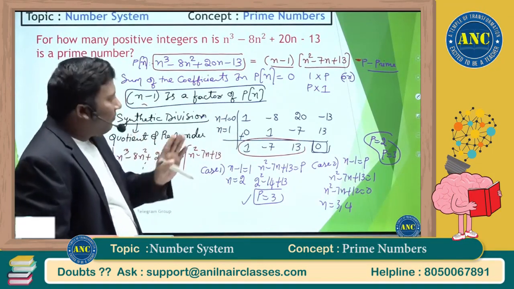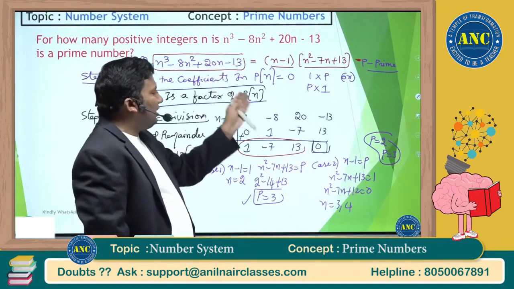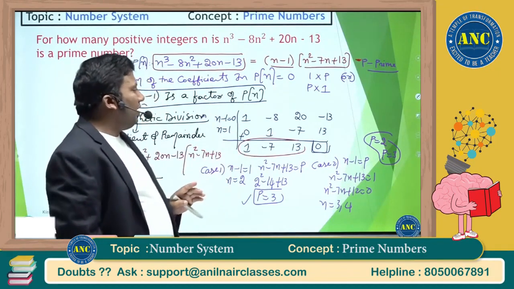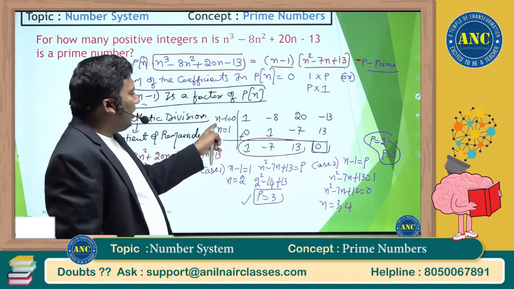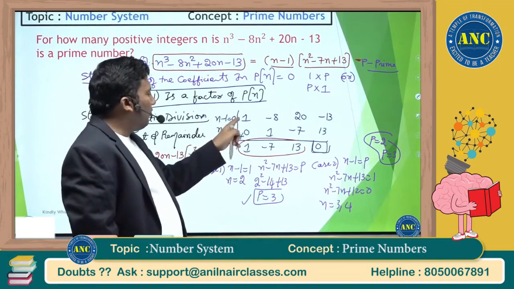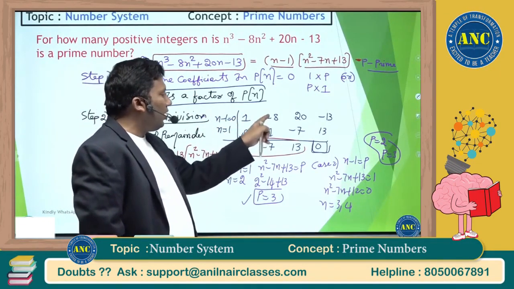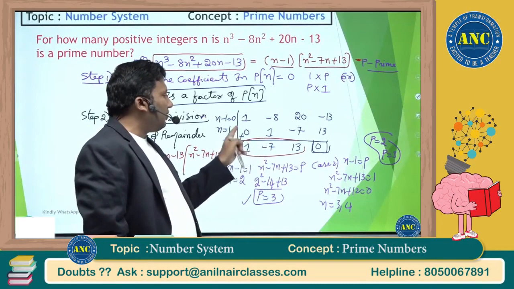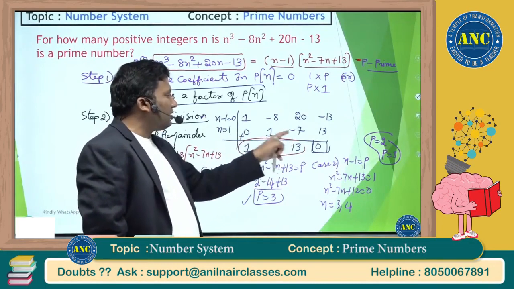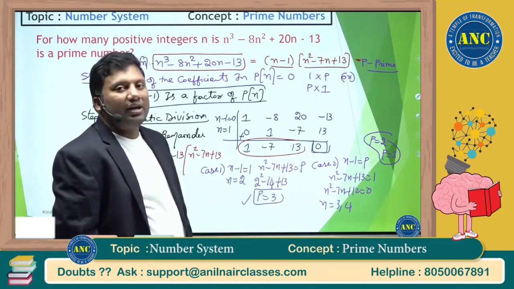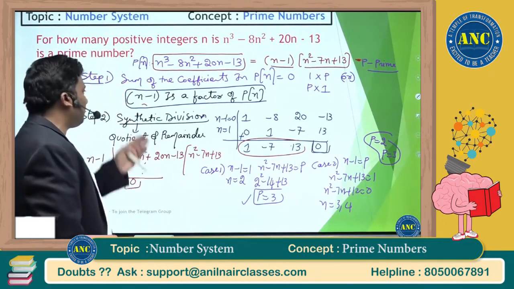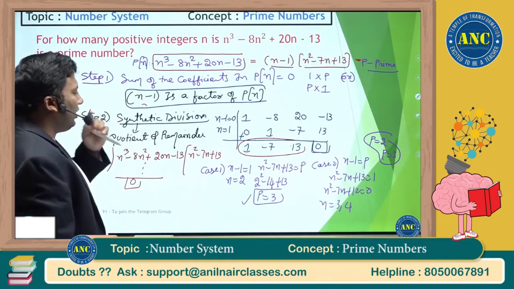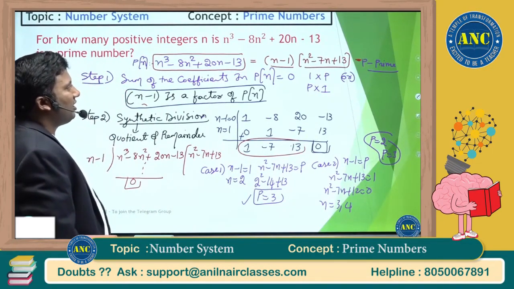If after n square the constant is there and n is not there, keep 0. n minus 1 equivalent to 0, n equivalent to 1. 1 plus 0, 1. 1 ones are 1. Minus 8 plus 1, minus 7. Minus 7 plus 20, 13. 13 ones are 13. Lastly, if you get 0, that means n minus 1 is a factor. The remaining factor is n square minus 7n plus 13.